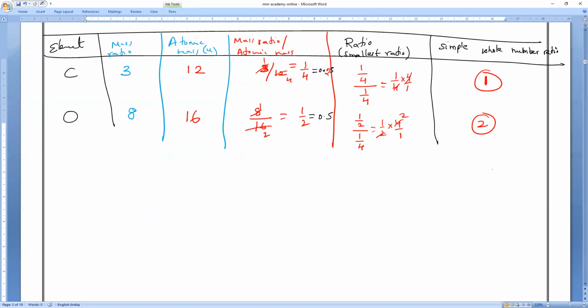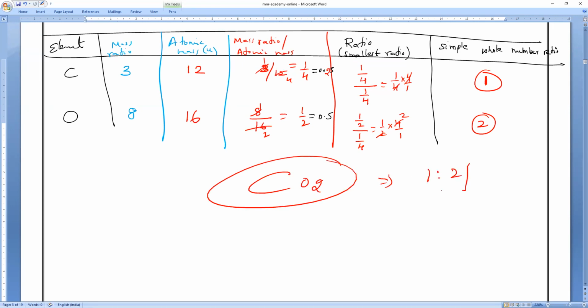What is the carbon dioxide formula? CO2. So the ratio is 1 is to 2. Yes, please, all of you. Are you able to understand now? Clear?